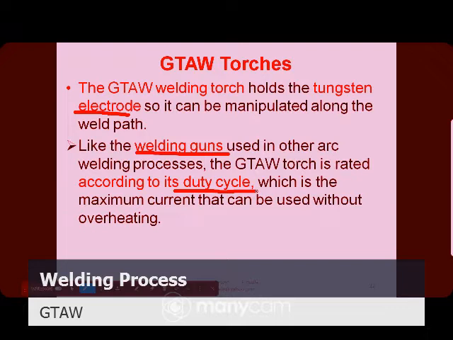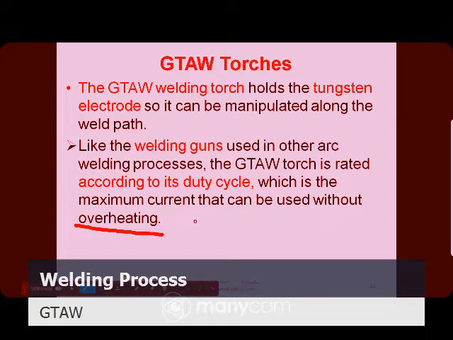In our previous class we already discussed the selection of welding guns in gas metal arc welding. We already said that welding guns are rated depending on their duty cycle. Here also the GTAW welding torches are rated depending on their duty cycle. This means the maximum current that can be used without overheating.